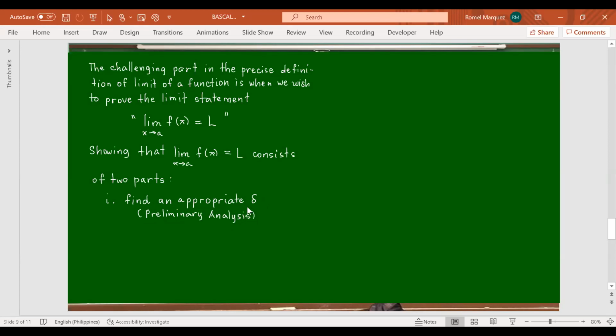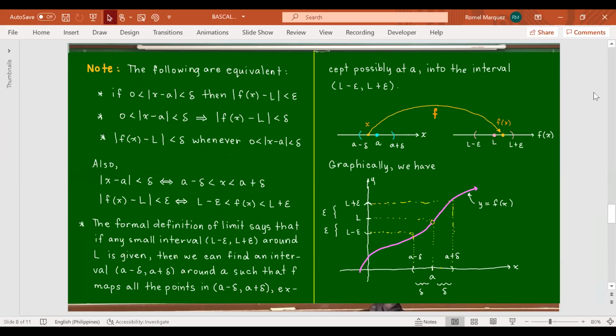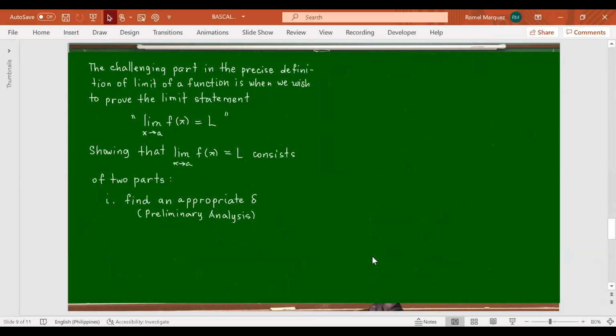Actually, proving this statement is easier. What makes it difficult is to find that delta that will satisfy this, no? What is that delta so that you will be able to prove this conclusion? To prove is easier, but to find the delta is the one that is a bit challenging.